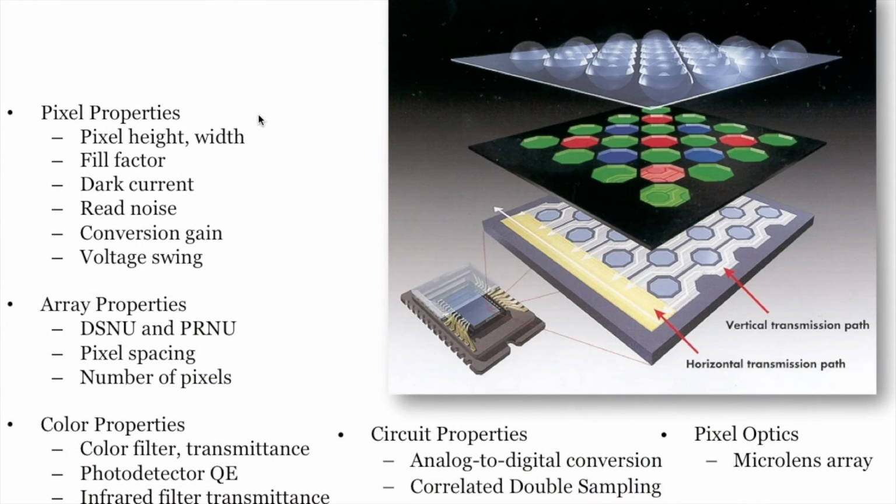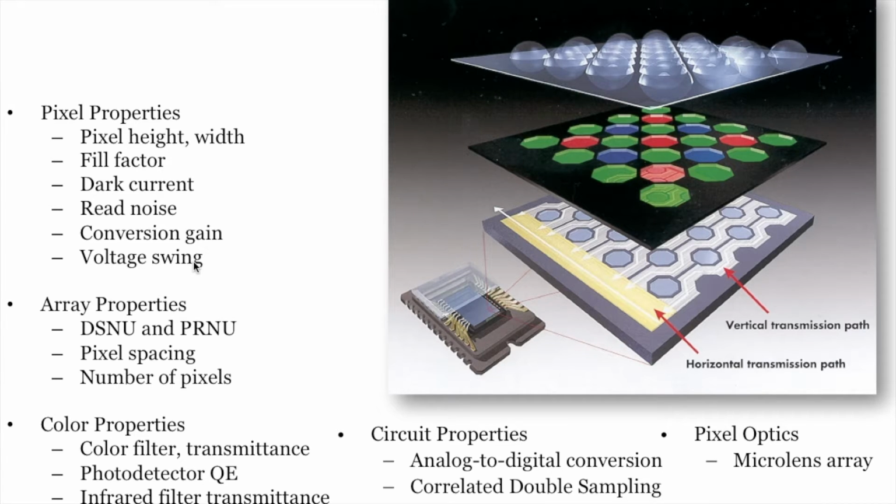We went through so many different decisions already, kind of implicitly, about the pixel properties, like its height and width, and what fraction of the pixel is occupied by the photodetector as opposed to the vias and circuitry. We looked at the noise properties. We didn't really talk about the phrase conversion gain, which refers to the amount of voltage that we get per electron that comes out, and that has to do with the circuitry, the transistors, and the buffering gain and so forth.